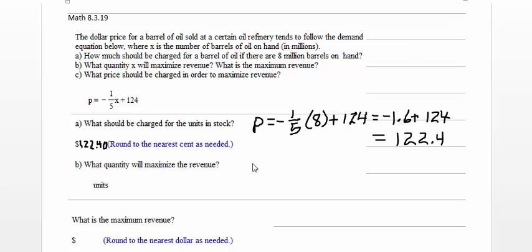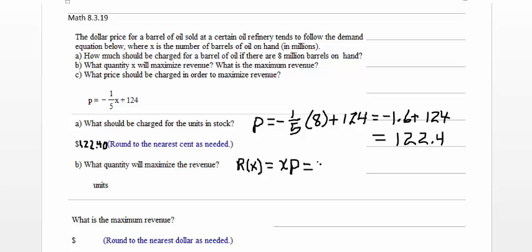Now we're asked to find the quantity that will maximize revenue. And we have to understand that revenue is the money that comes into the company. So let's call that function R of X. If I'm selling X million barrels of oil at P dollars per barrel, then X times P will be the money that comes into the company, which is the revenue.